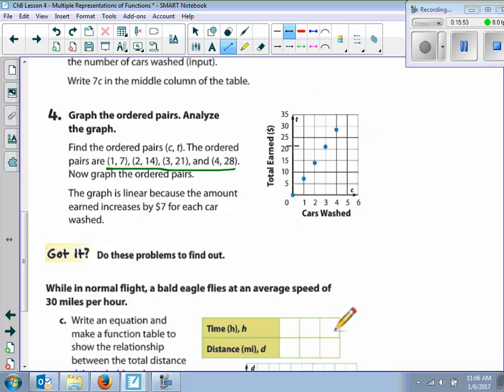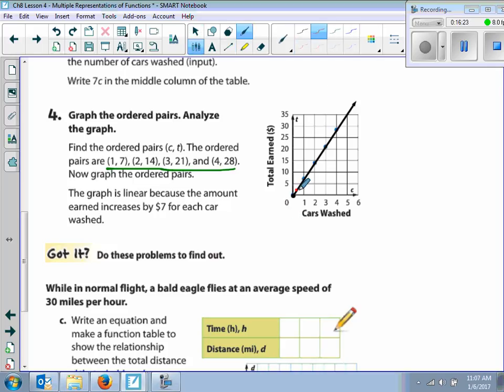Now let me ask you this. Would I connect the dots here? I've asked you this question before. So we do not connect the dots here, because can they wash half a car? No. Wait, let me. So we cannot. Where's the red pen?